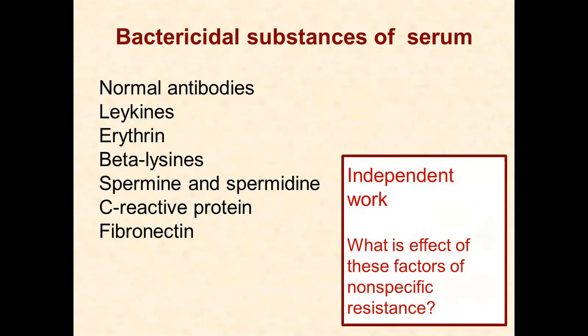These are the bactericidal substances of serum, and they're listed in this slide. And this is also a piece of your independent work. Please find which effect all these defense factors have. It's not difficult to find in any resources.